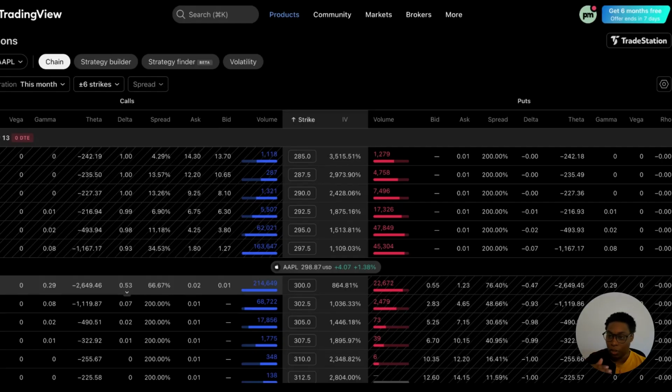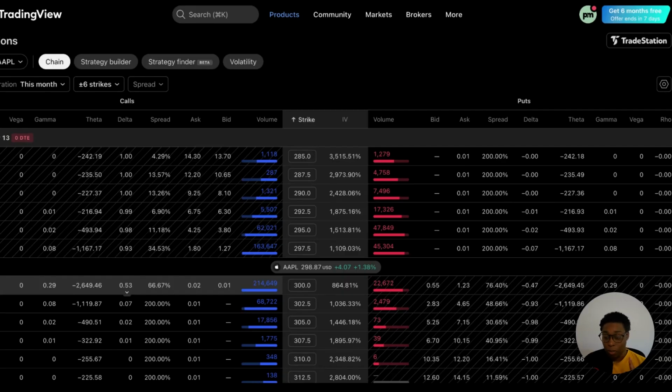Consider the theta in your game plans, so that if it's going against me, or if it just sits still and gets closer to expiration, I already have in my mind that this theta could eat away at my trade if I hold too long or let it go too far against me. Delta and theta are the two most important ones to consider, and the two easiest to remember, but you definitely want to consider them on every single trade.